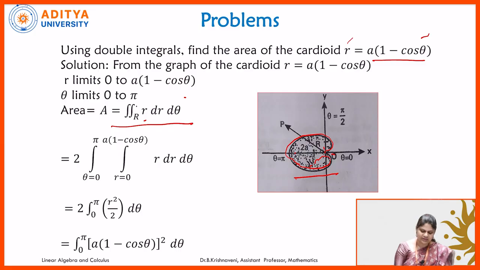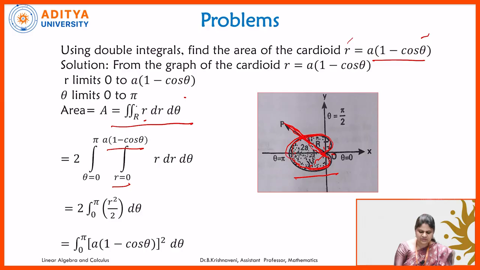So let's take the strip. In the polar form, we take the strip from the initial point, that is r is equal to 0, to the cardioid. So the r limits are from 0 to a into 1 minus cos theta. And to cover this area, the strip has to travel this entire region.